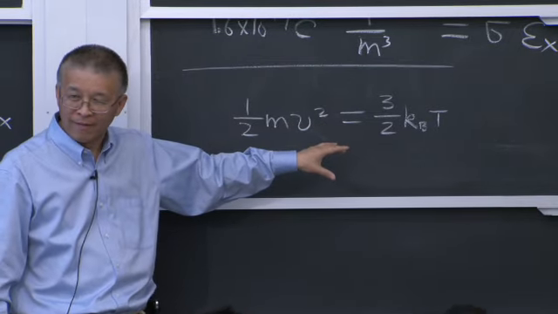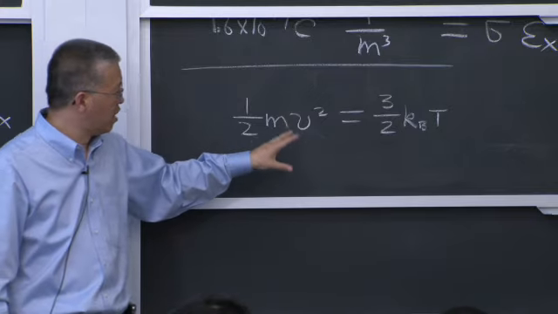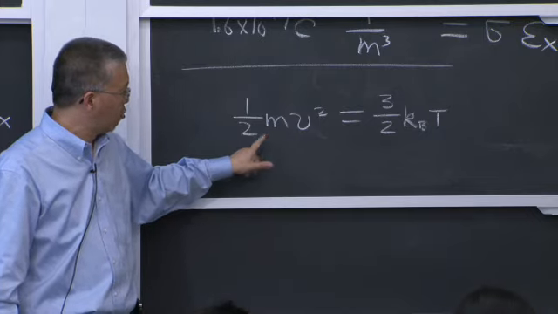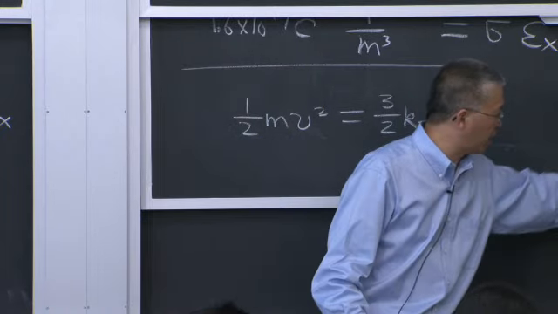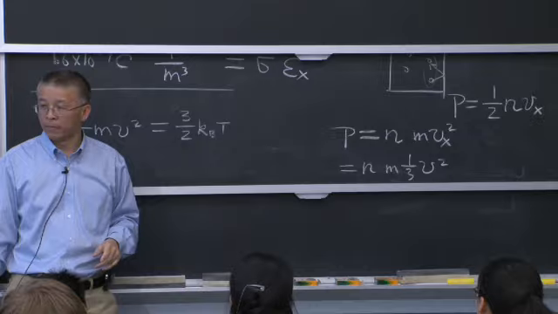Statistical thermal, fundamental result, equipartition. Okay? So I plug this in. The 1/3 cancels, that's 3. The 1/2 cancels, mv squared is kBT.